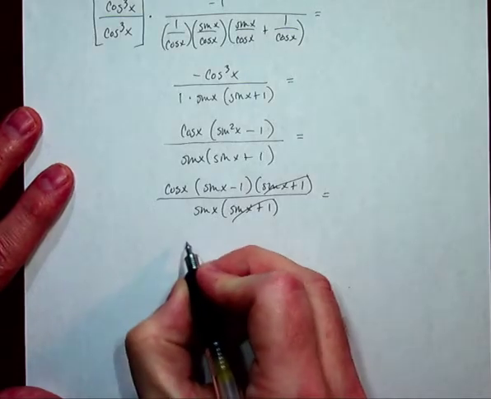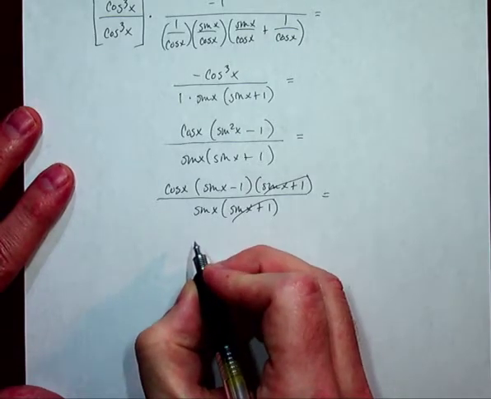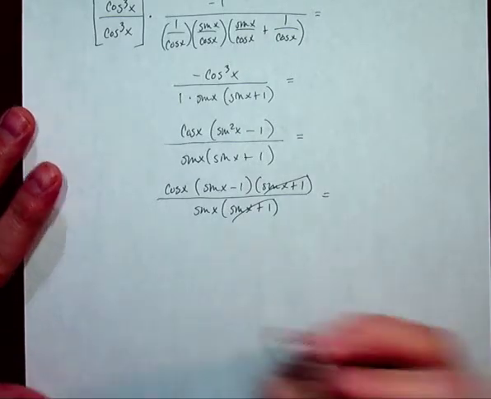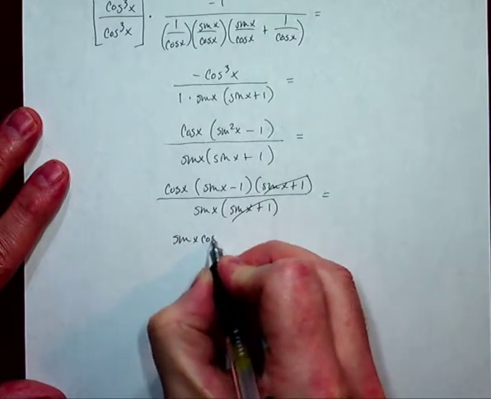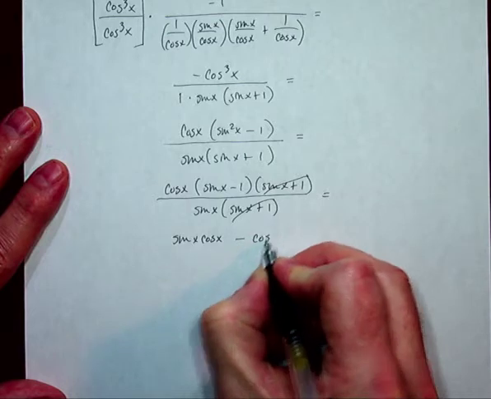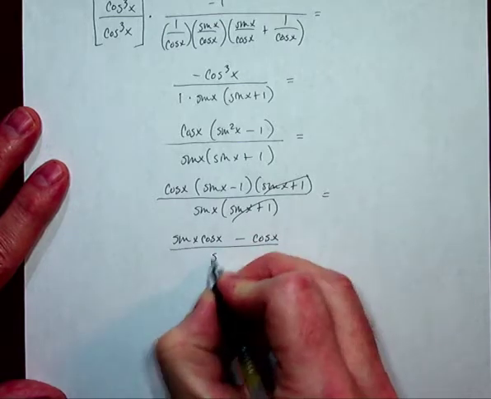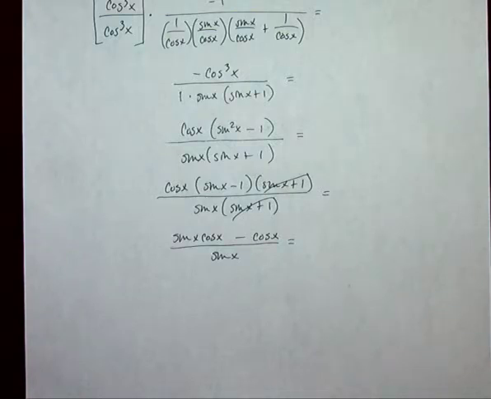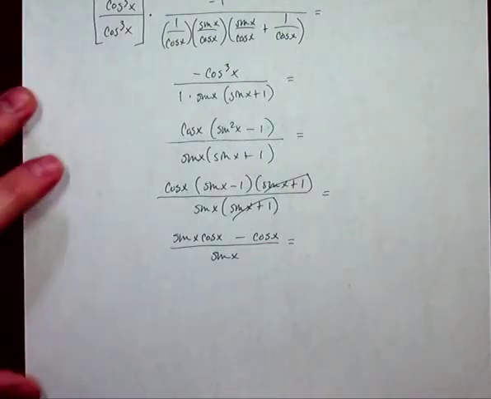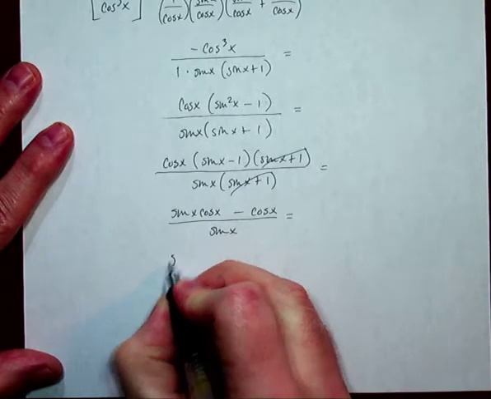And what you then get is, unfortunately, you're going to have to distribute. And you're going to get sine x cosine x minus cosine x all over sine x. And again, just like in previous problems, you're going to separate the fractions.